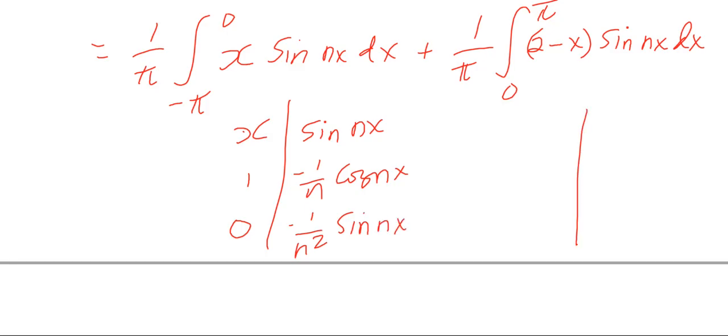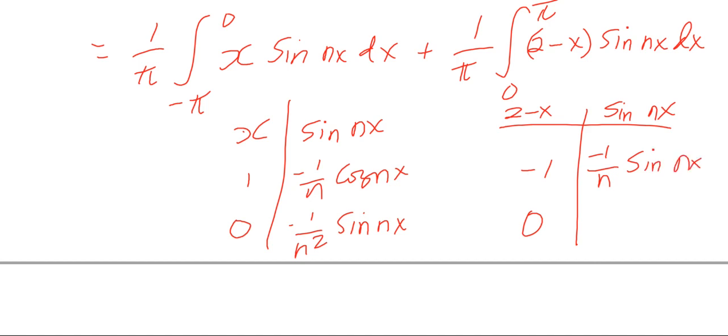We do the same here. We have 2 minus x and sine of nx. We differentiate the quantity here, we get minus 1, then 0. Integration will give us minus 1 over n cosine of nx and minus 1 all over n squared sine of nx.